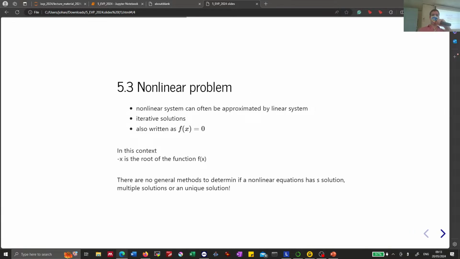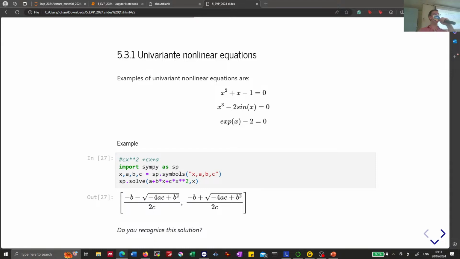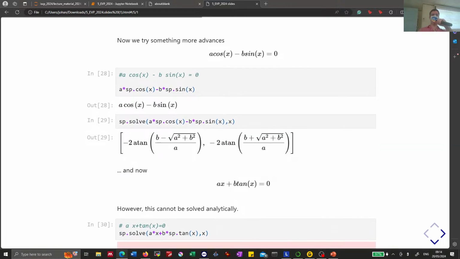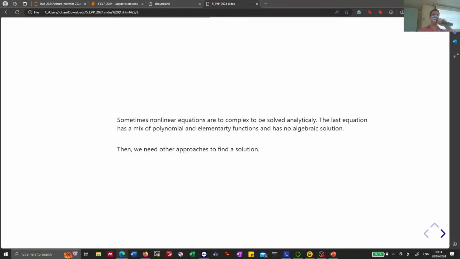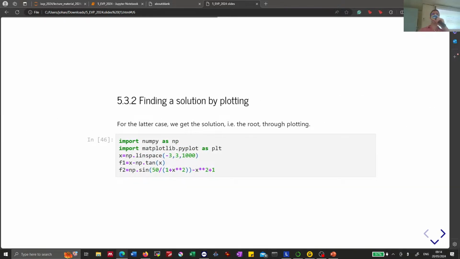Right, and for the non-linear equations, we said sometimes there are problems that are simple to solve, then solvers are implemented, and sometimes the problems are a little bit more complicated, and then it is very hard for us to find a solution. So we discussed finding the root of a function by plotting.